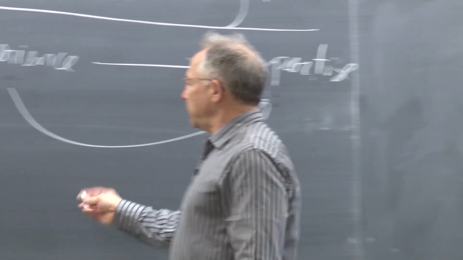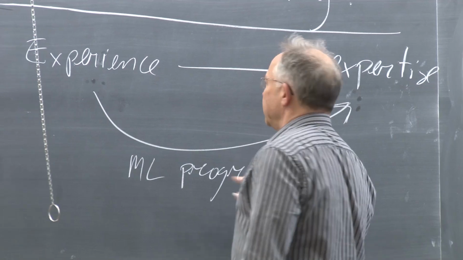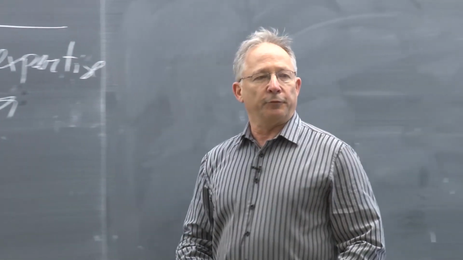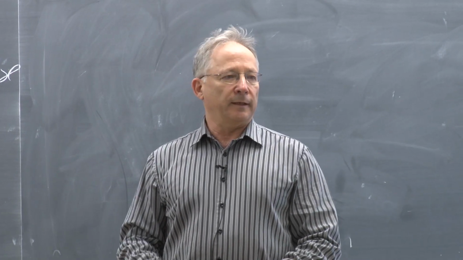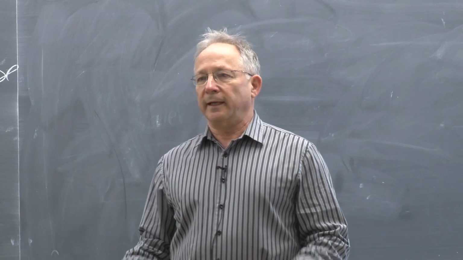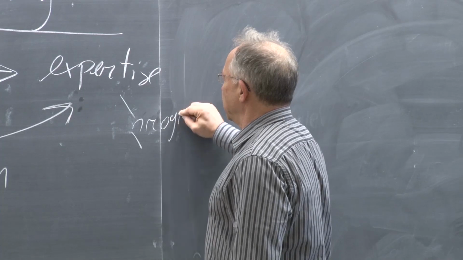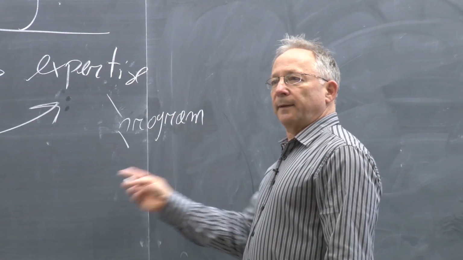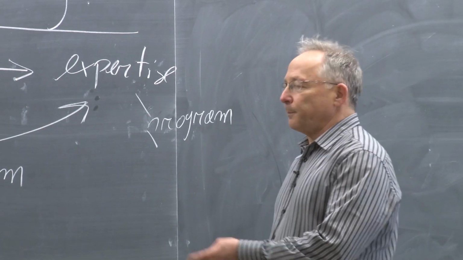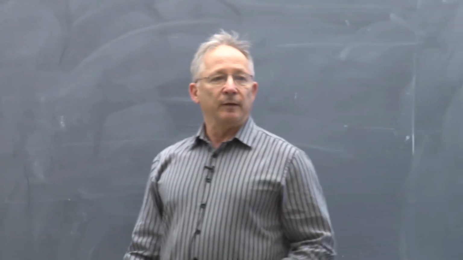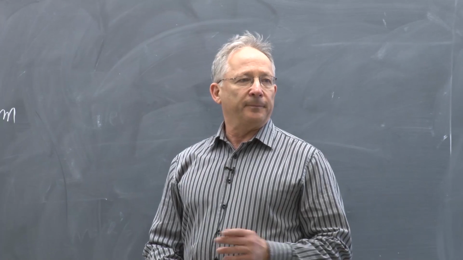So the machine learning program is a program that takes some kind of experience, some kinds of data that you can collect, and tries to turn it into expertise. So what is an expertise? Expertise for us usually will be another program that can do some things that you need the expertise to do. We will see many examples, but maybe for the simplest running example, think of developing a spam filter.